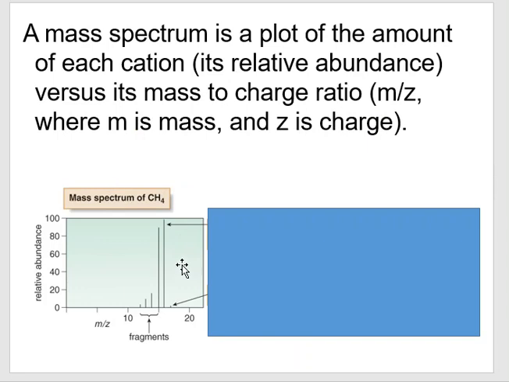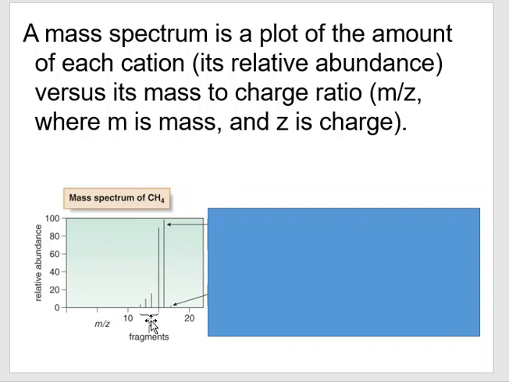Here's a simple mass spectrum of methane. On the vertical axis is the relative abundance, and the highest peak is always going to have the 100% mark, and we call that the base peak. In this case, the base peak is the same peak as the methyl radical cation at 16 m over z.